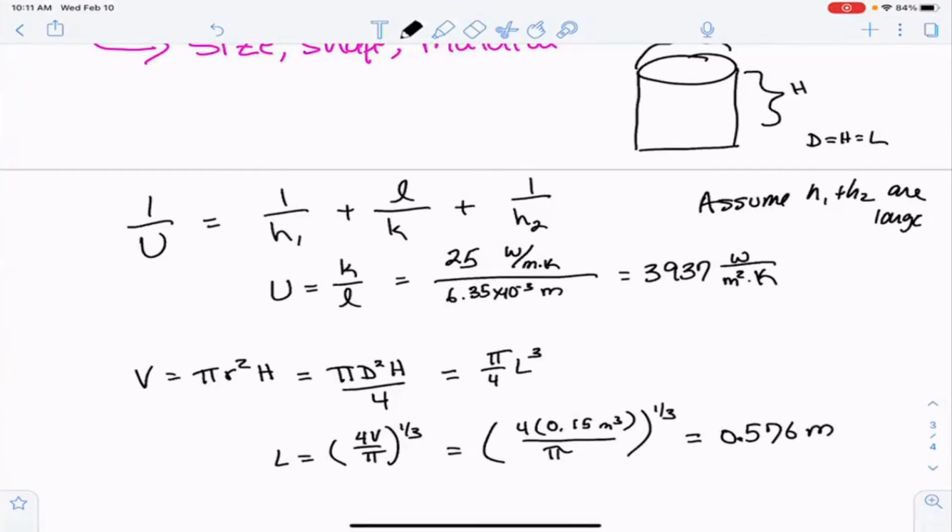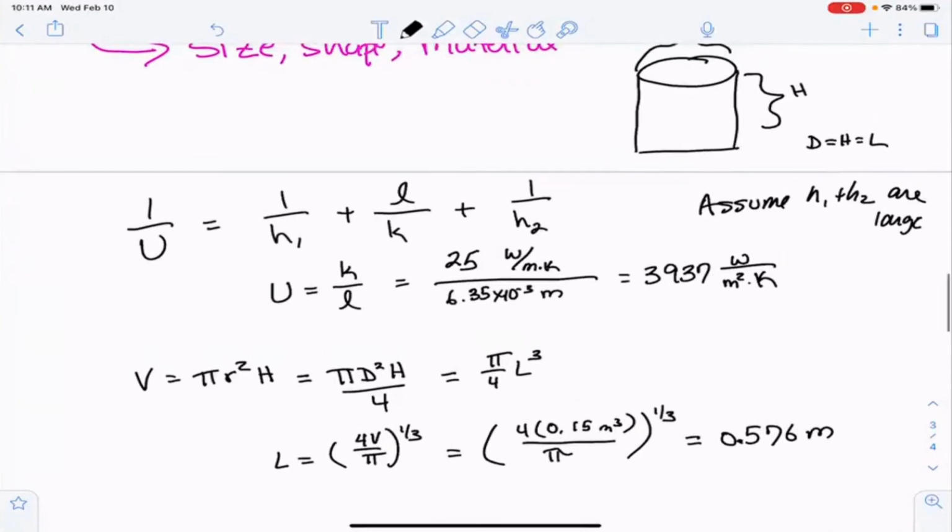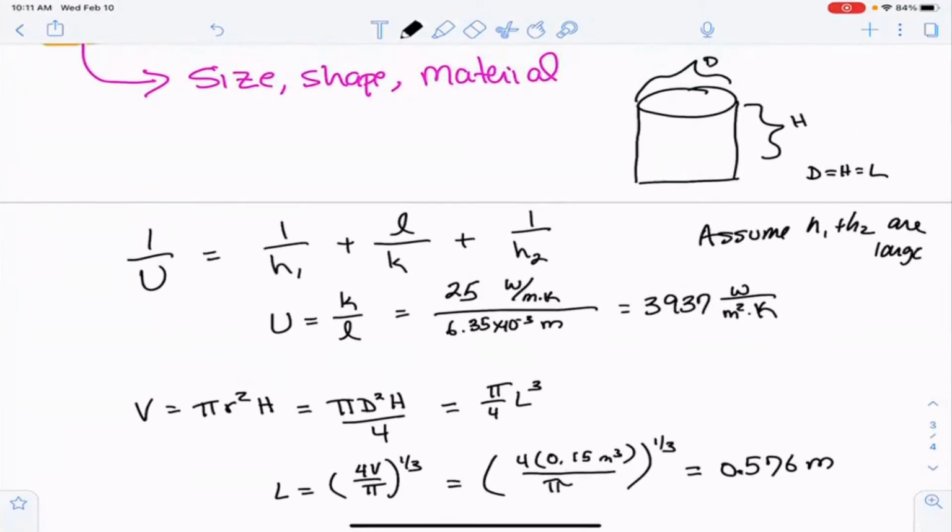And now we have to find the area. And we know that the area for this has 2 components to it. The first one is the outside, and the second one is the face at the top and the face on the bottom.